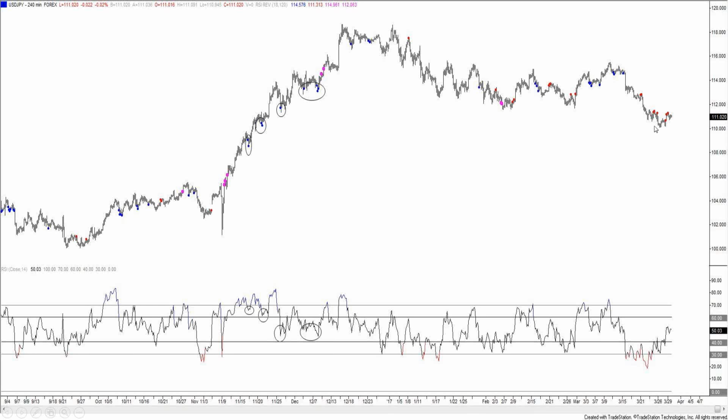I think we are up about 60 pips right now. But you can see that in range periods, it's not going to do too well. Once you get a breakout, it actually does give you a calculated way to chase. It's giving you alerts based on a divergence between time and price.